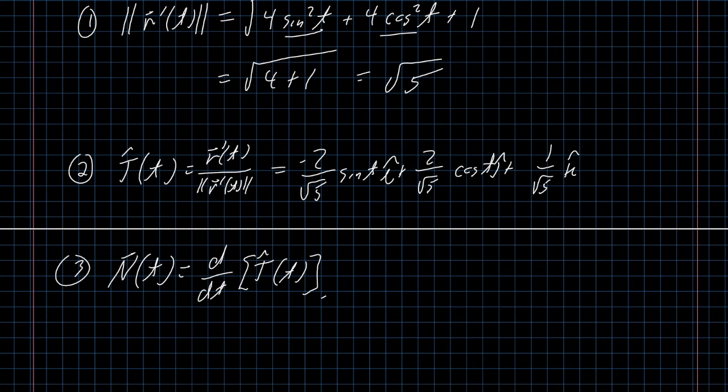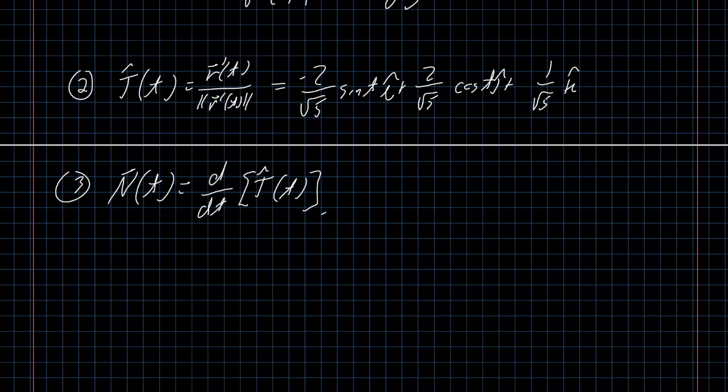Now that we have our unit tangent vector, the normal vector is the vector perpendicular and can be found by taking the derivative of this thing. And taking derivatives of vector valued functions when the function isn't that bad is fairly straightforward. We can take the derivative component by component. Derivative of -2 over root 5 times the sine of t is -2 over the square root of 5 times the cosine of t. Derivative of 2 over root 5 times the cosine is the negative of 2 over root 5 times the sine.